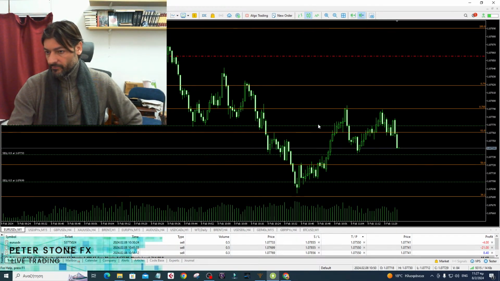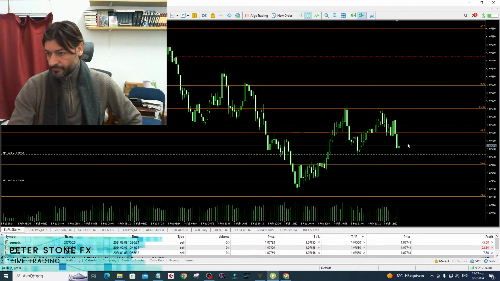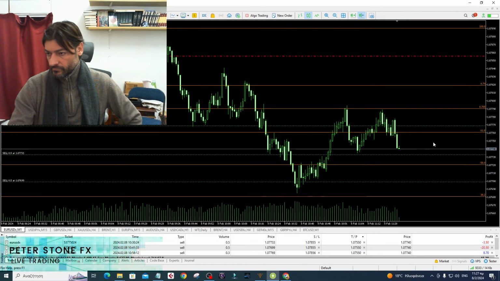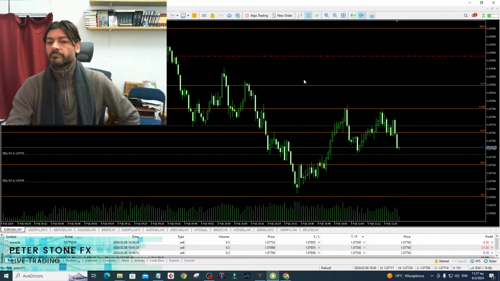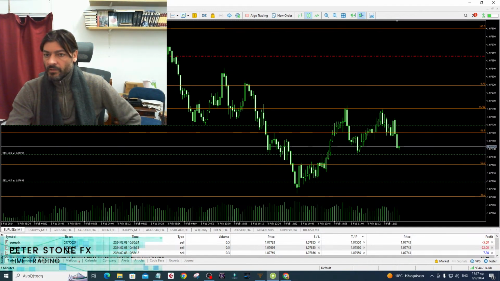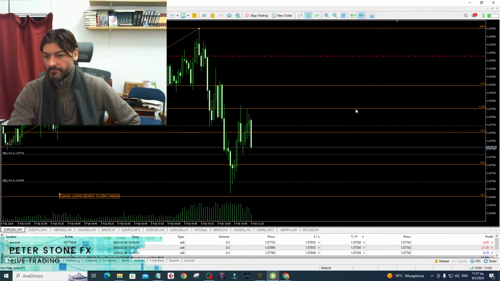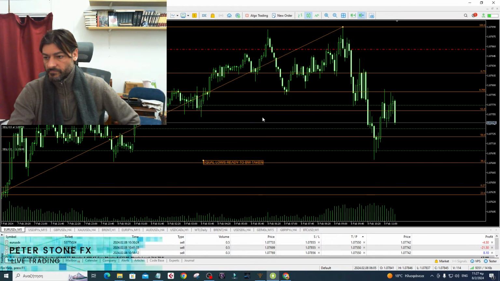Yes, now I like it very much. The whole idea now, the whole image is bearish. Also, we have created another fair value gap. So let's see.